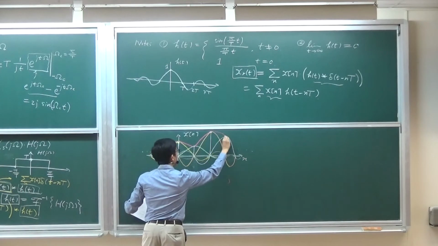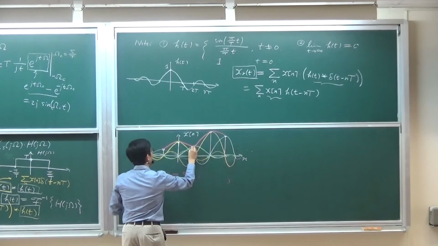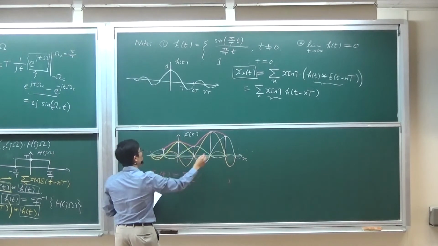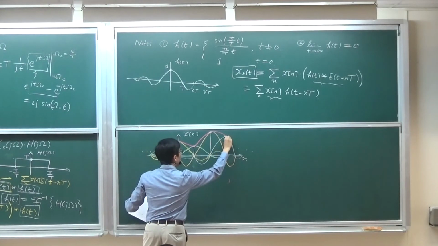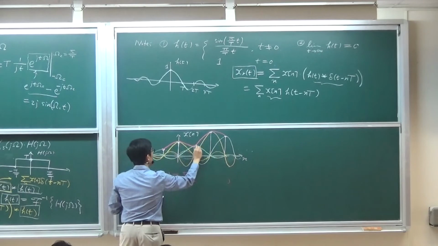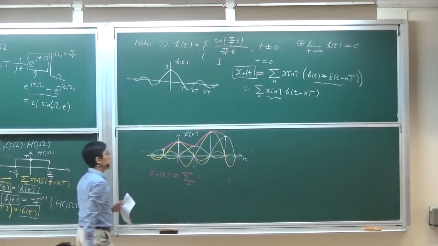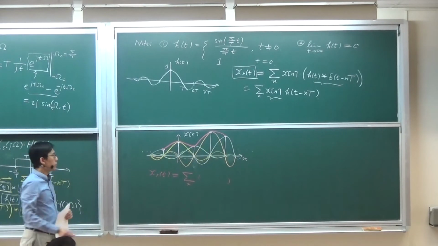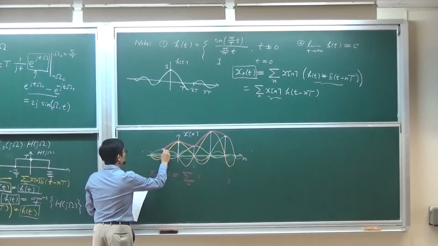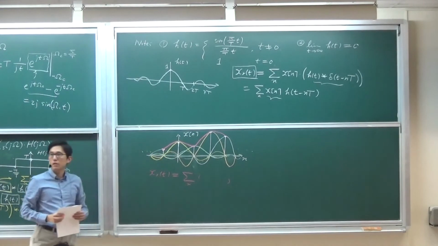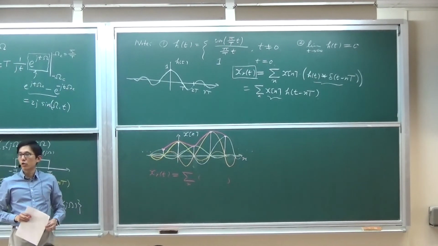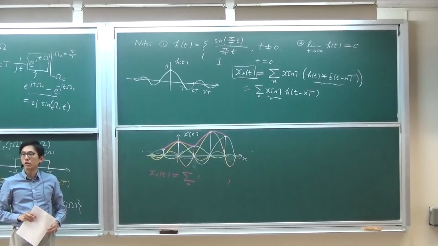It will pass through the top of all our samples, so in the end we get a curve like that. That's the idea of reconstructing a continuous time signal from discrete time samples.